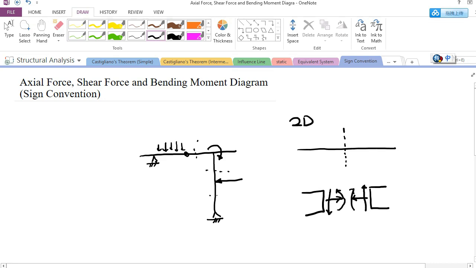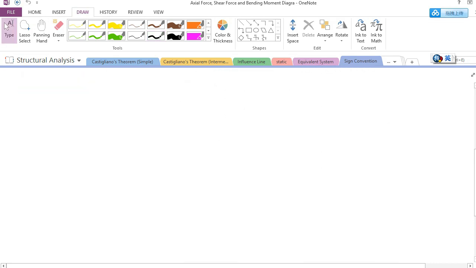Let's separate them one by one. We call this force, the force that's pointing longitudinally to the beam, axial force.